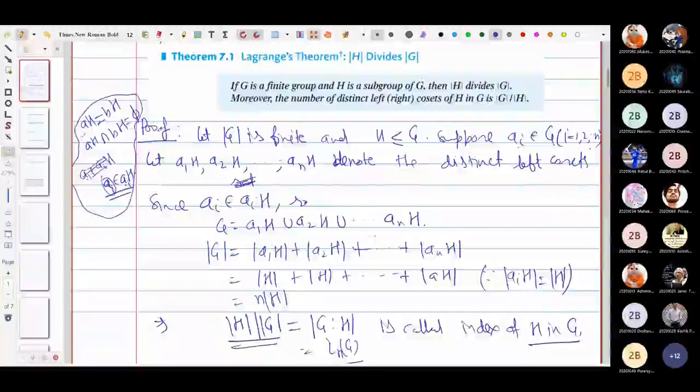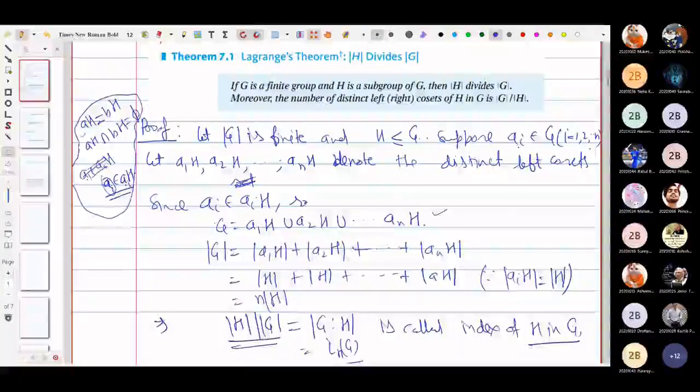So I think things are clear to you. But what we are doing is counting the number of distinct left or right cosets here. Okay, and then we are writing G as a union of those distinct left or right cosets, and then we are taking the number of elements on the left and right hand sides.